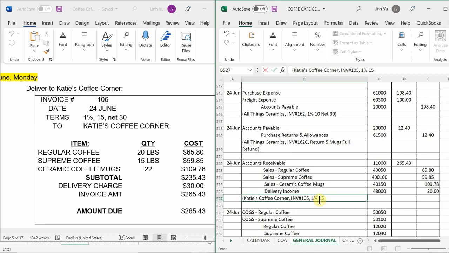Invoice 106. Oh, okay, 106. 1%, 15, Net 30.